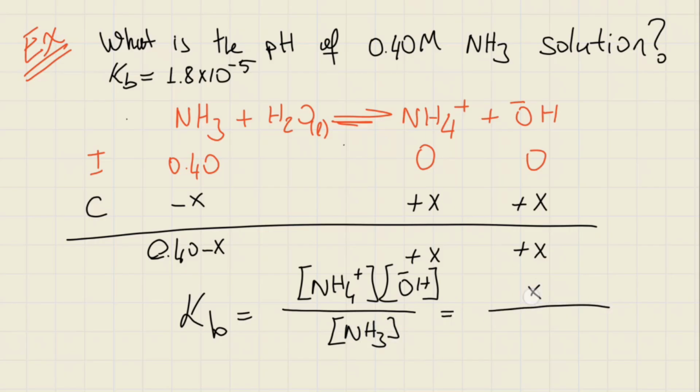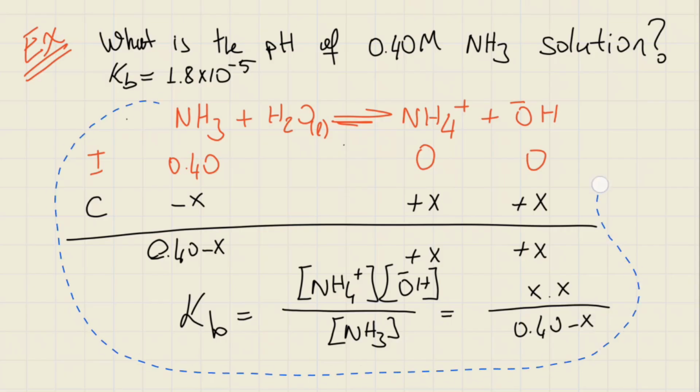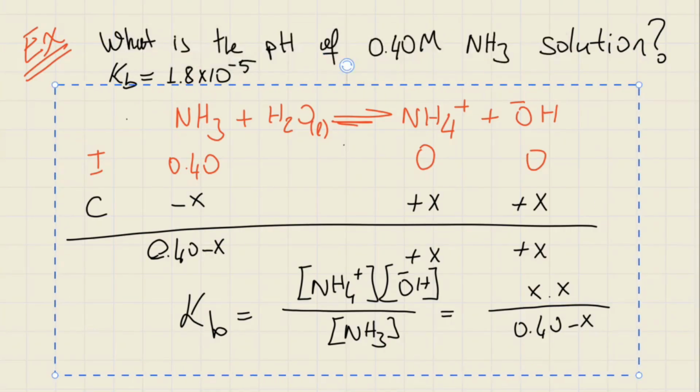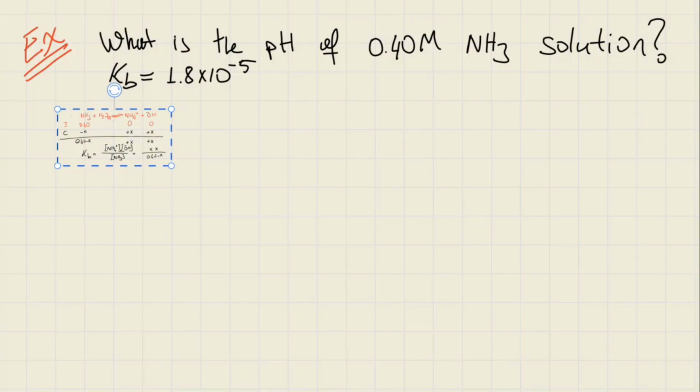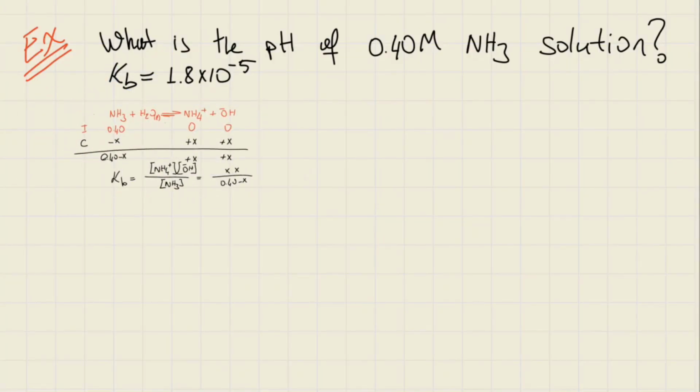And in our case, it is x times x over 0.40 minus x, which is x squared over 0.40 minus x, and it is equal to 1.8 times 10 to the minus 5.